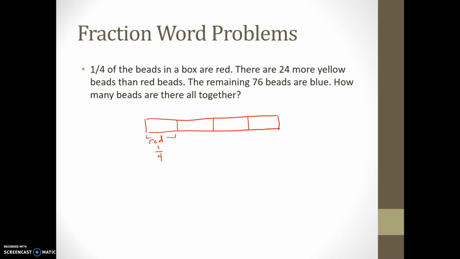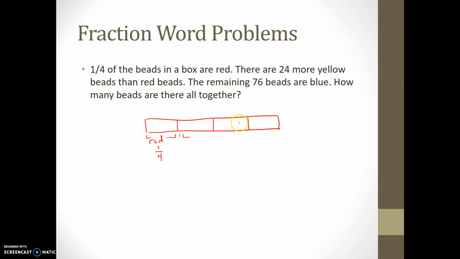Well, so if there are 24 more yellow beads than red beads, there's more than 1/4 that's yellow, right? So let me show you how I'm going to model that. So this portion has to be yellow, but a little bit more than that also has to be yellow.